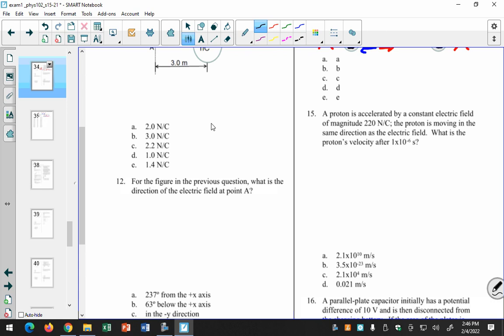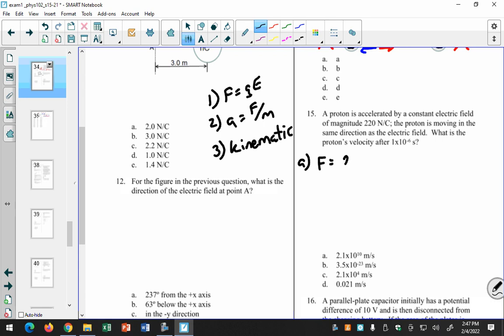Several parts to this. The first thing that you need to do, I'll label those parts. First, find the force. Second, find the acceleration. And then third, apply the kinematics that's appropriate to that question. So 3 parts. F is equal to QE, A is equal to F over M, and then apply the kinematics equations. So F equals QE first.